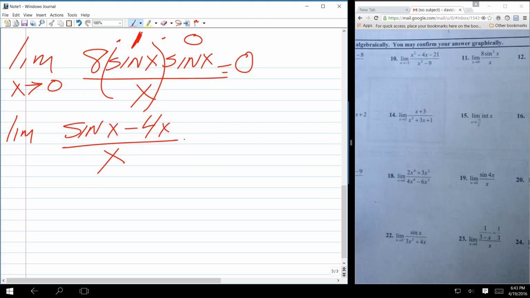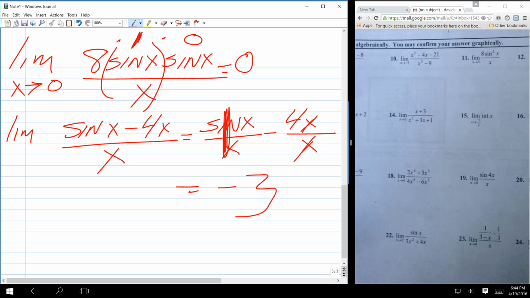Yeah, basically what we want to do is split this into 2 fractions. It's easier to think about if we do this. And I can always do this. As long as my denominator is a monomial term, I can split this up into 2 fractions. And now those x's cancel. And you're right, there's my 1 minus 4, so the limit is minus 3.